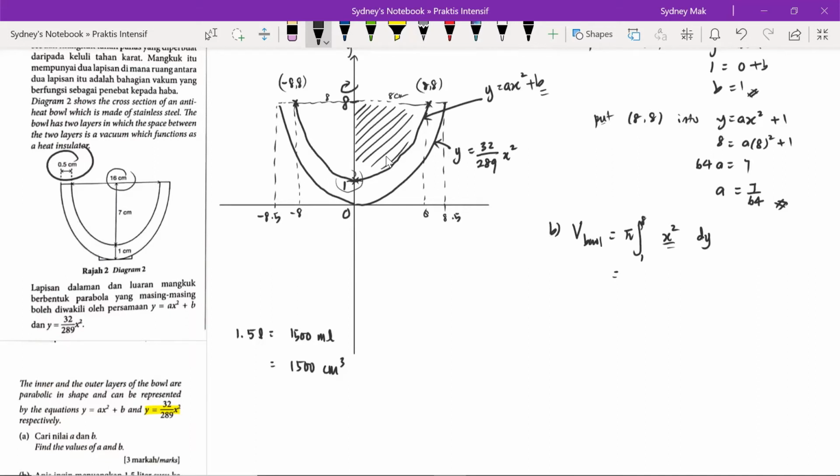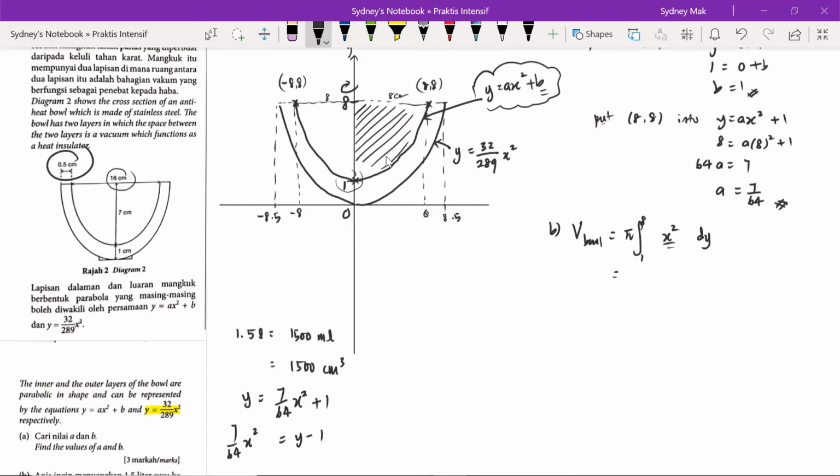Now, what is x squared in terms of y? So look at the inner curve. The function of the inner curve is y equals 7/64 x squared plus 1. Therefore, 7/64 x squared equals y minus 1.